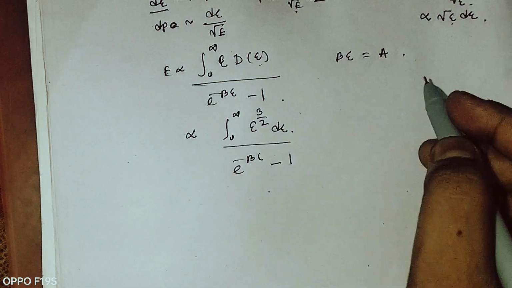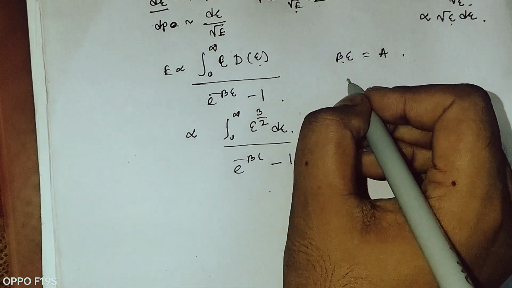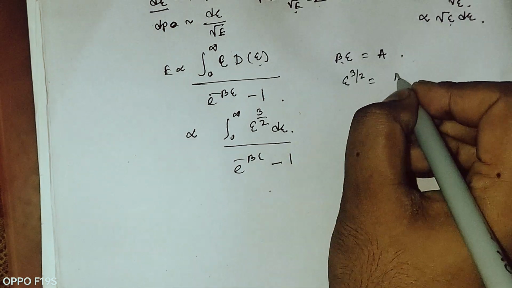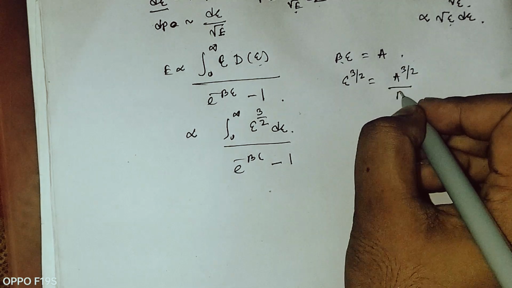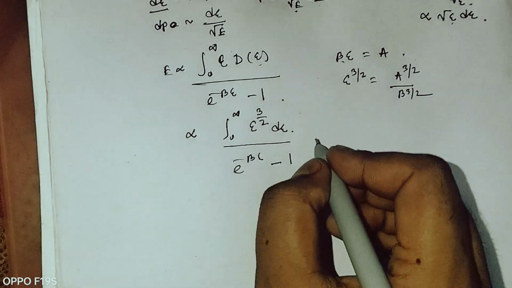So I can also write epsilon to the power 3 by 2 equal to a to the power 3 by 2 by beta to the power 3 by 2, because this is all constant. Now substitute this here.